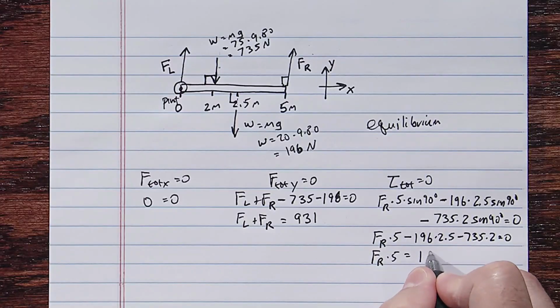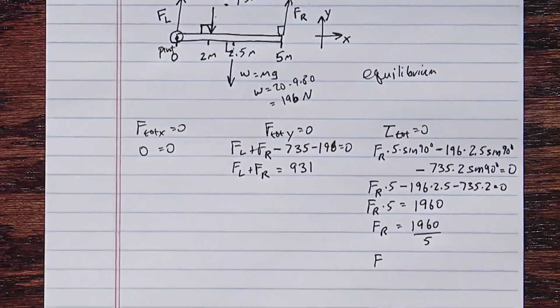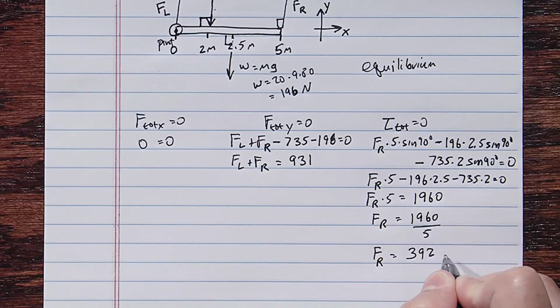So let's see, we have 196 times 2.5 plus 2 times 735 equals 1,960, and then dividing by 5 gives us force right is 1960 divided by 5, or force right is equal to 392 newtons.